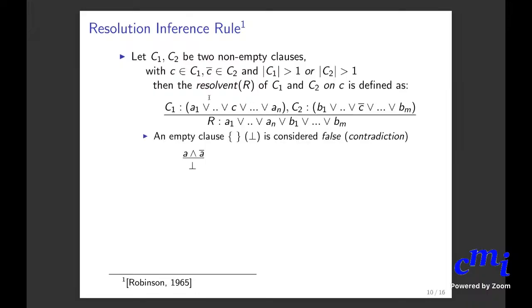It says you can always replace these two clauses by this clause, because this clause is inferred by that. The original conjunction of the two clauses is satisfiable if and only if the resolvent is satisfiable.